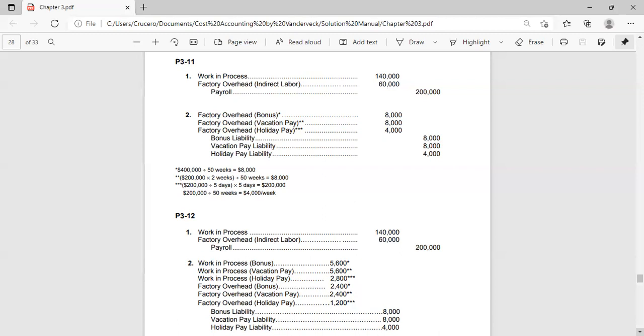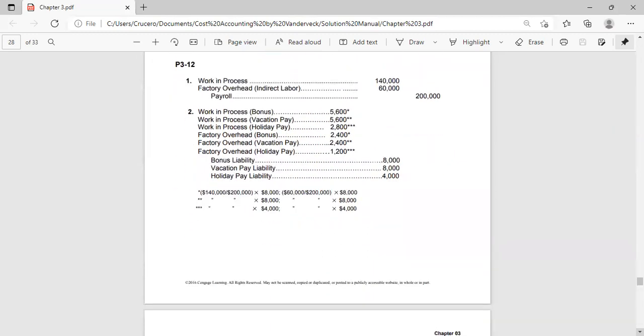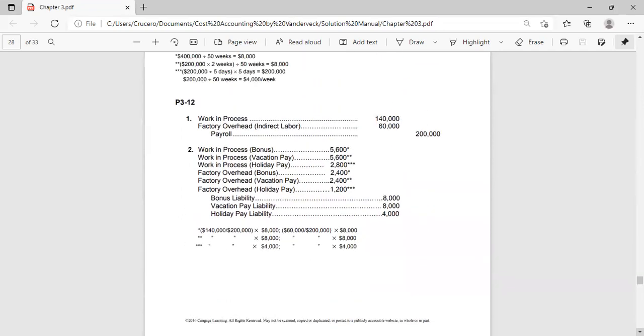Then we still have P3-12. It's similar to P3-11. P3-12 is accounting for bonus, vacation pay, and holiday pay.